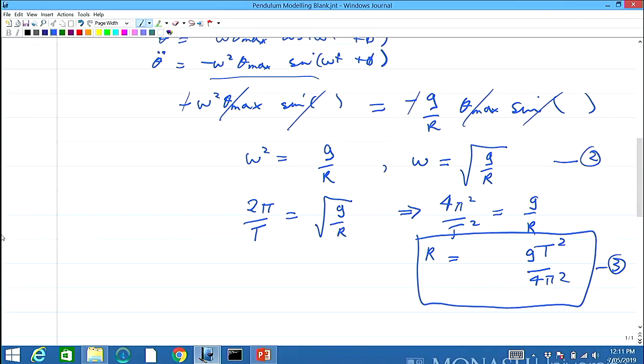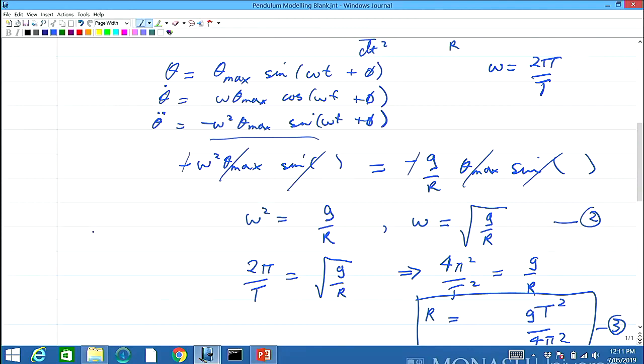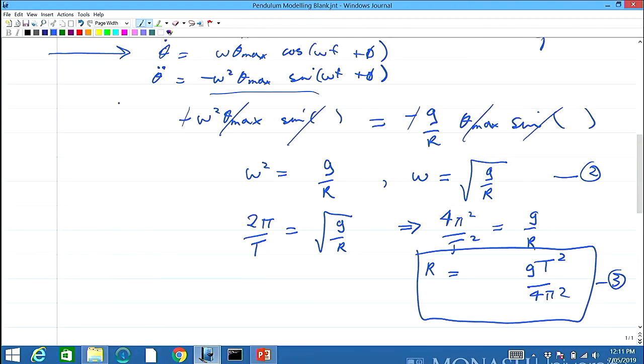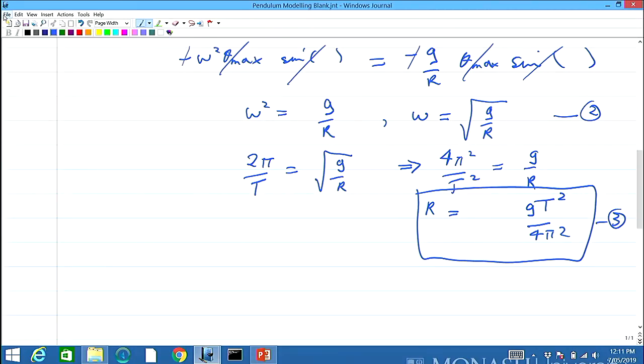All right, so one way to address this is we know the equation of motion for the speed, the angular speed. So theta dot is related directly to omega theta max cos omega t. So how can we then use that information? All right, so we need to then consider the maximum speed of the pendulum, and that's what you can measure, you see.